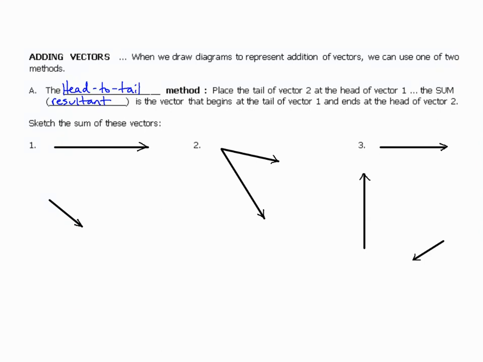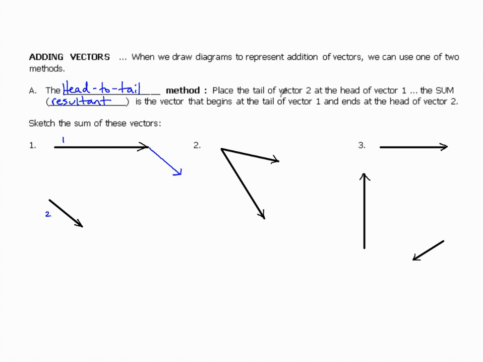So let's give this a try. Let's call this vector 1 for now, and this one vector 2. So the head to tail method says that we are going to take this ray and put it here.